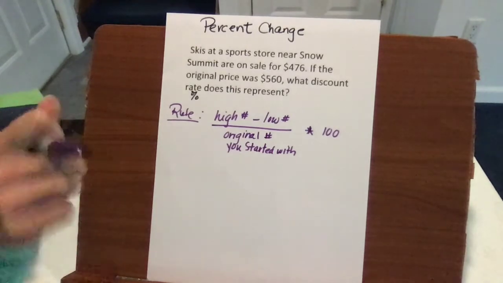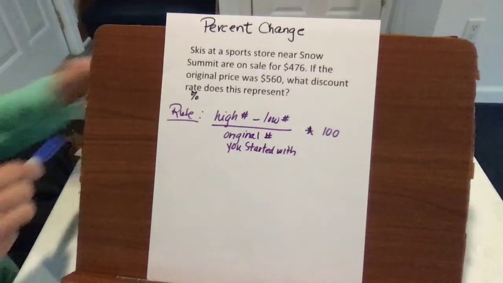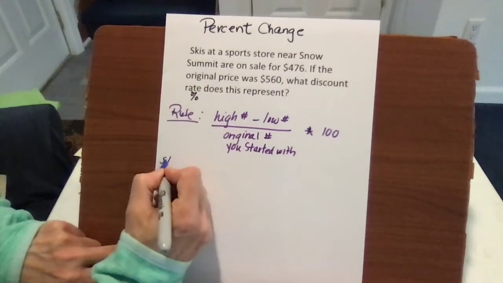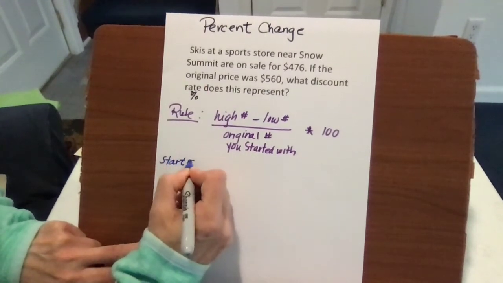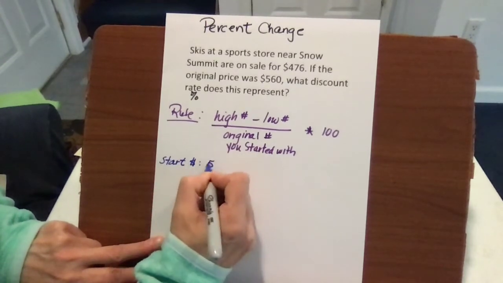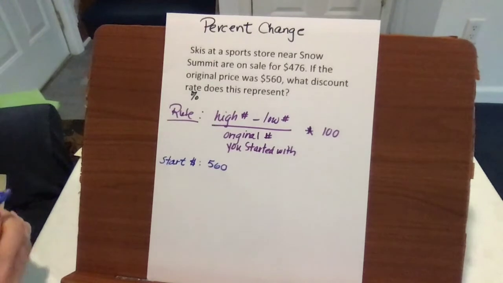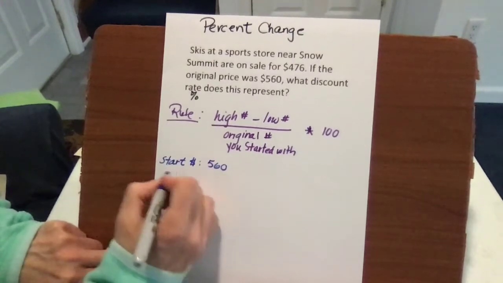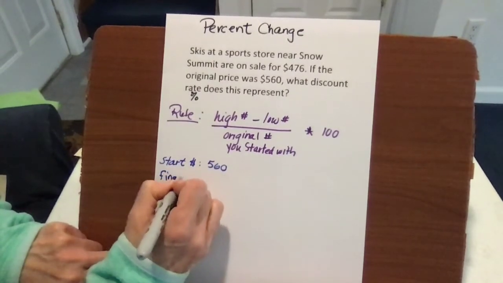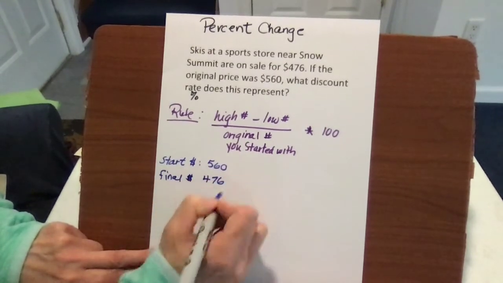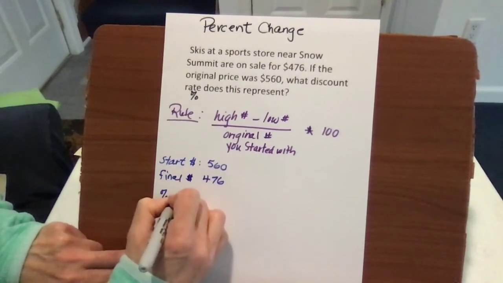So here for this problem, we have an original price. What we start with, our starting price, is 560, and I'm not going to put dollar signs on the numbers right now because I want to calculate with them. The final price, or the end price, is $476, and I want to know the percent change.